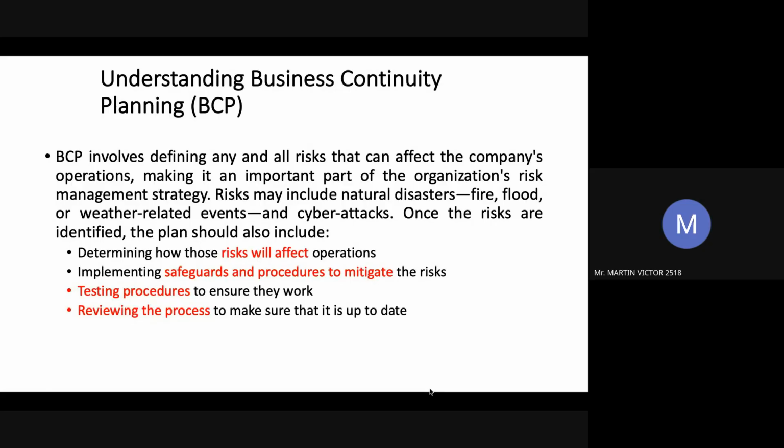Once the risks are identified, the plan should also include how each risk will affect operations, then implementing safeguards and procedures to mitigate the risks, testing procedures to ensure they work, and reviewing the process to make sure it is up to date.